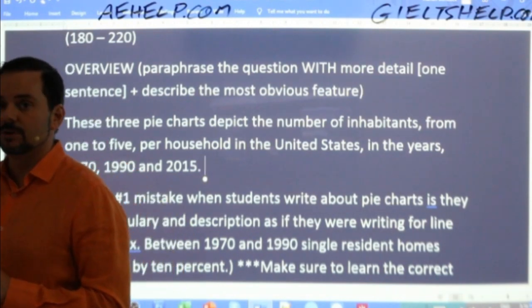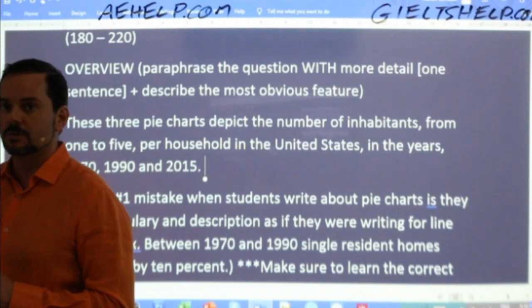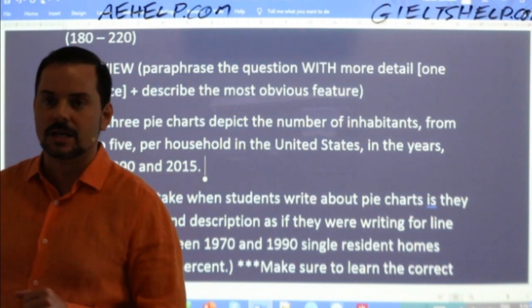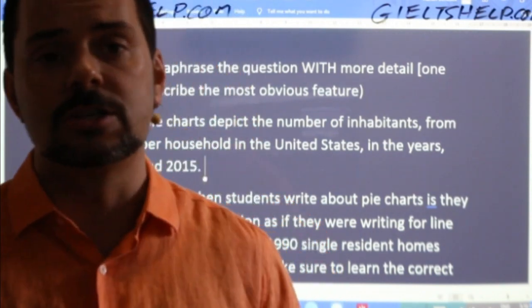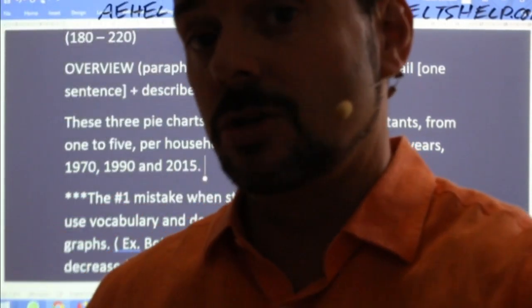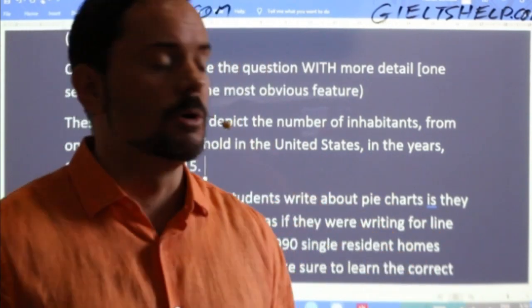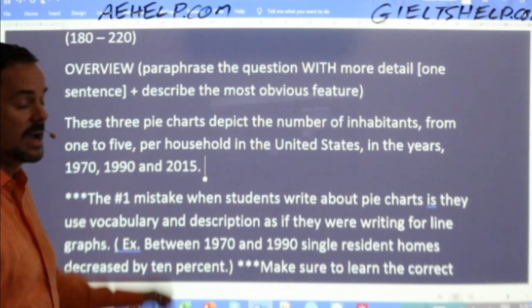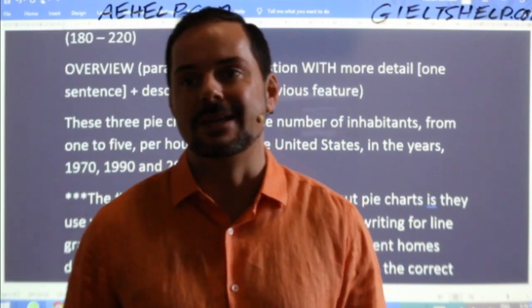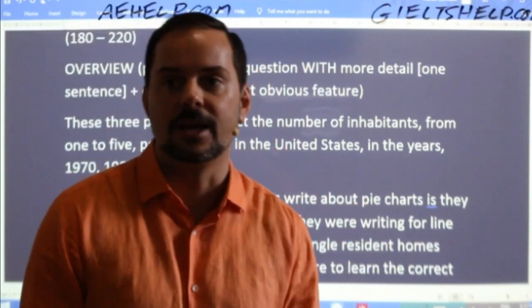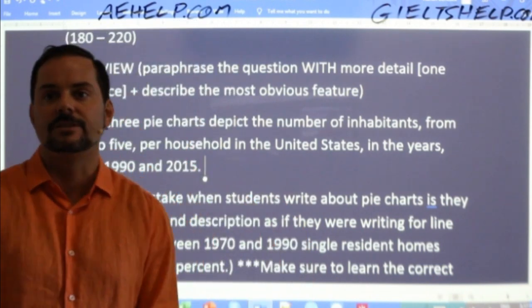Especially for those of you who are business students or businessmen and women, be very careful how you talk about pie charts, because if you're looking for investors in your company and you talk about pie charts like you're talking about line graphs, you might see some of your investors stand up and walk out of the meeting. So careful, okay?